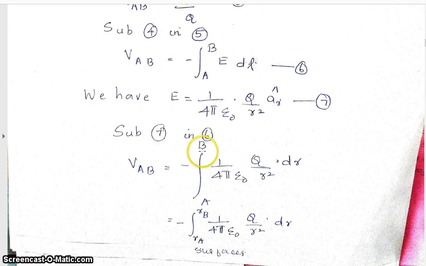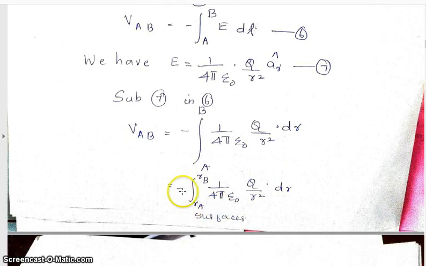VAB is equal to minus integral A to B 1 by 4 pi epsilon 0 Q by R square into dR. Then again that is equal to minus integral RA to RB 1 by 4 pi epsilon 0 Q by R square dR, because here the term we are integrating with respect to dR is R. That is why A and B represent a point, and RA and RB represent the radius, the distance between those 2 points. So I am writing it as RA and RB.